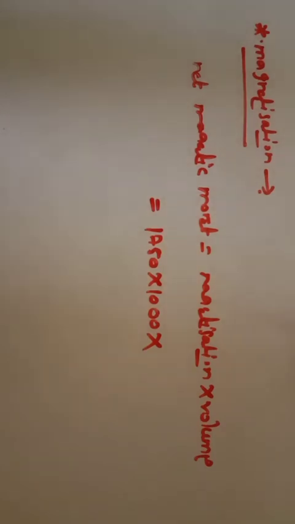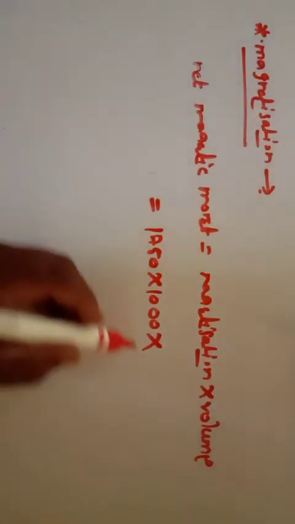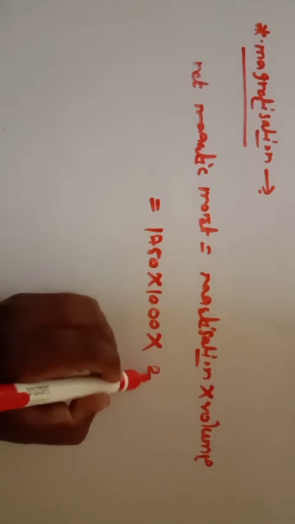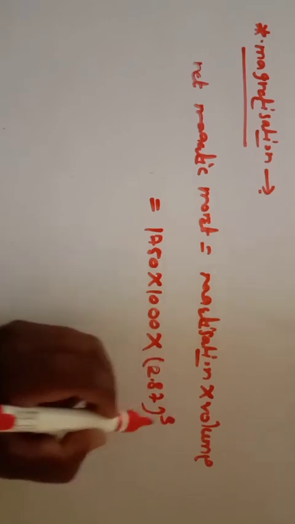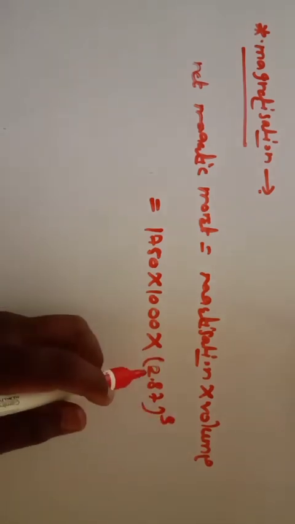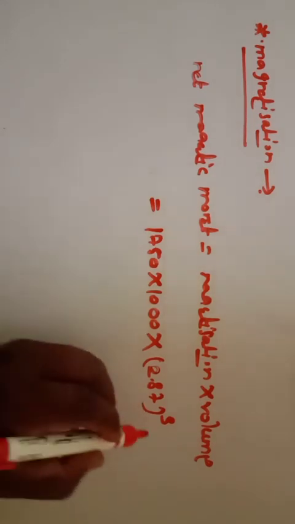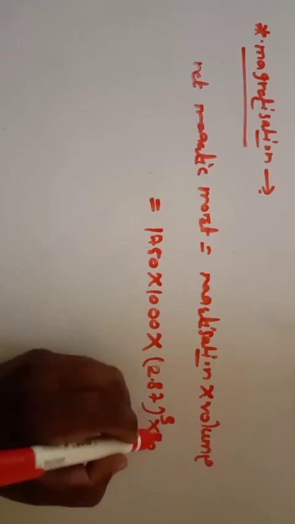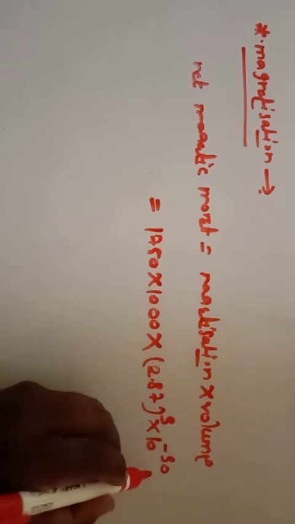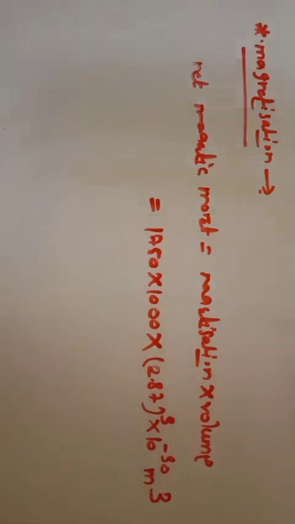First you have to make a cube, that is 2.87 into 10 raised to 3, multiplied by 10 raised to minus 30 meter cube. So you have to first convert this value, that is 2.87 angstrom.